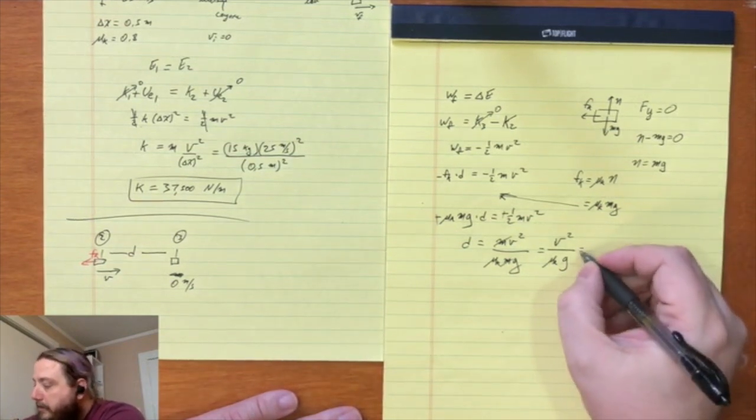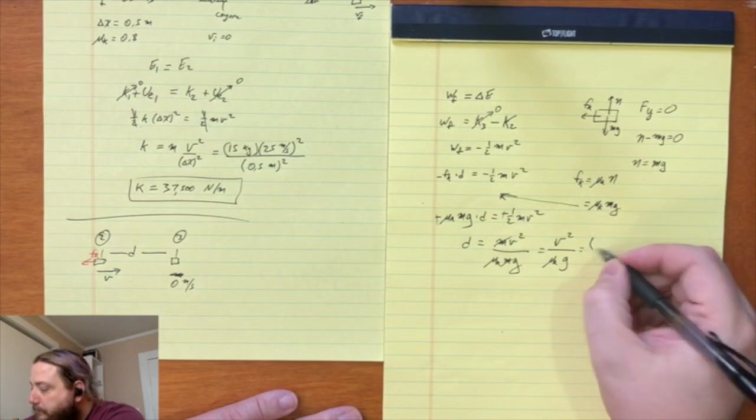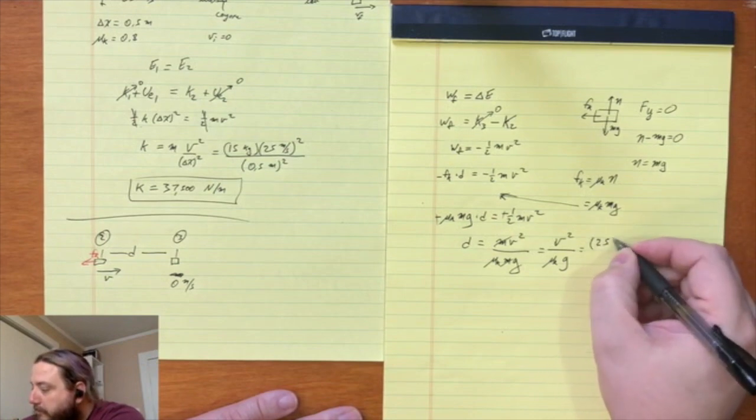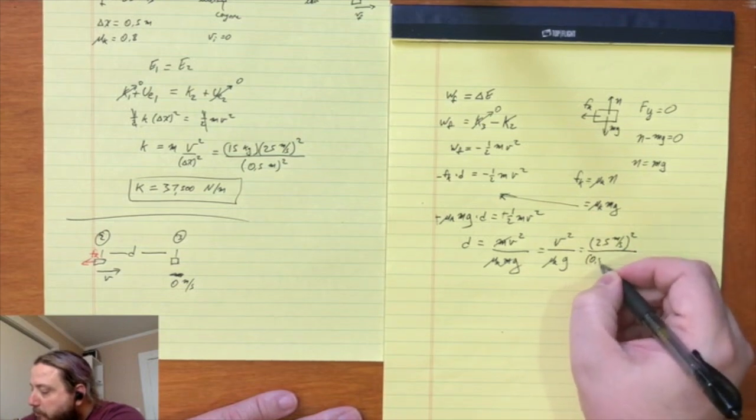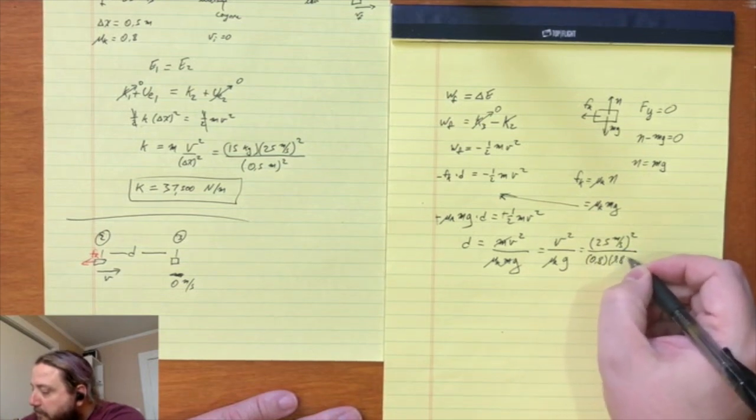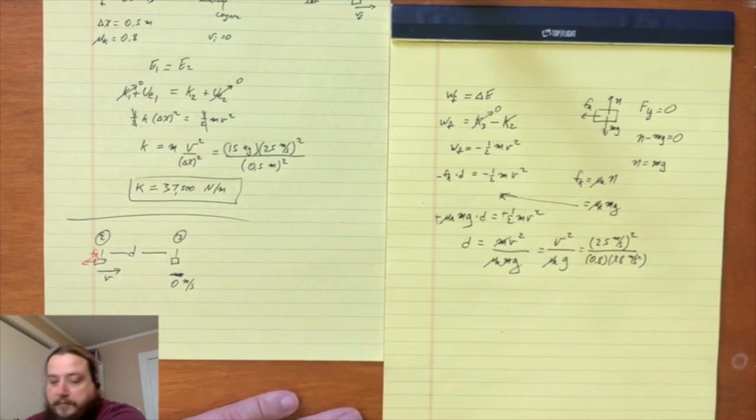And now we can plug in our numbers. V squared is 25 meters per second, squared. Our mu k was 0.8, and g is 9.8 meters per second squared.